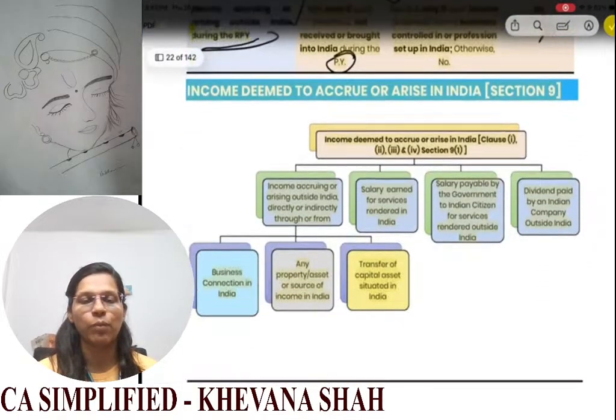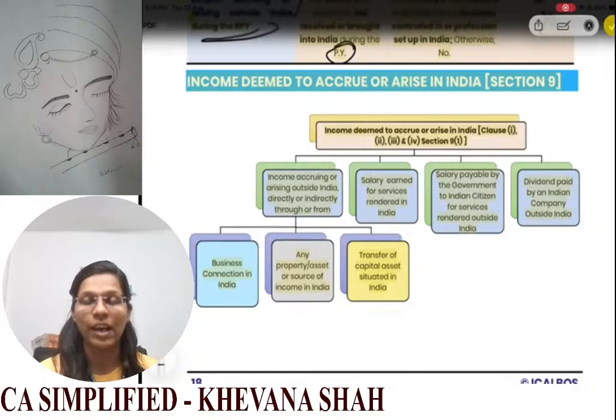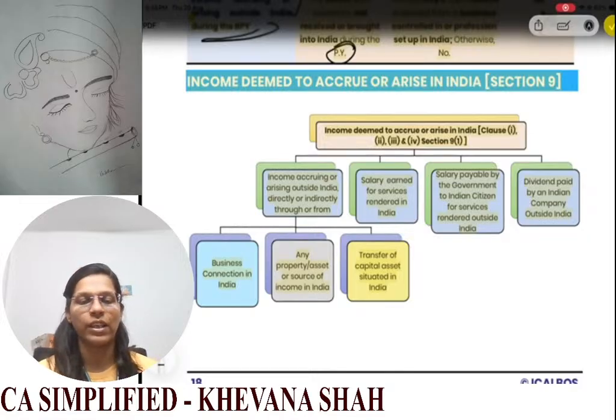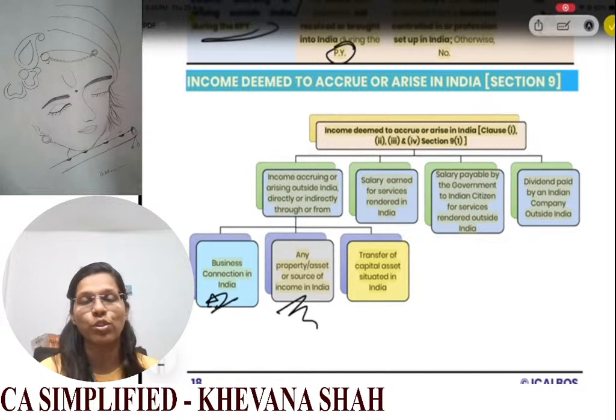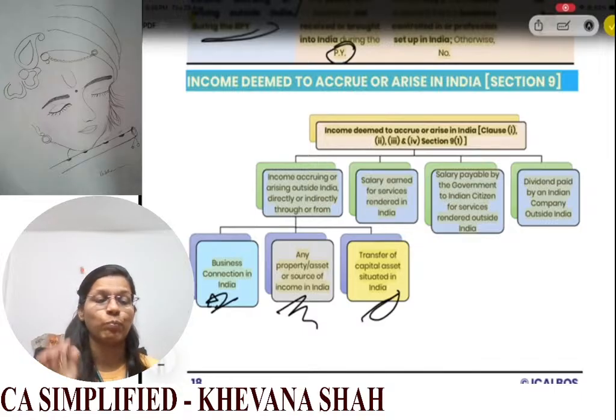Then we have income deemed to accrue or arise in India. This is from your section number 9. So what section 9 says is that income accruing or arising outside India directly or indirectly through or from any business connection in India, any property or asset or source of income in India, or transfer of capital asset situated in India.